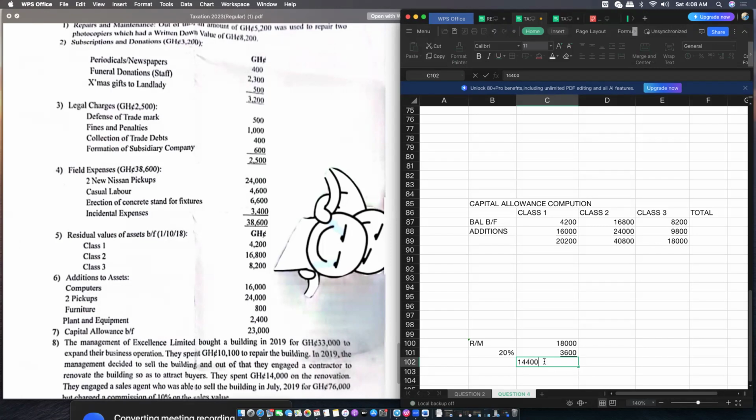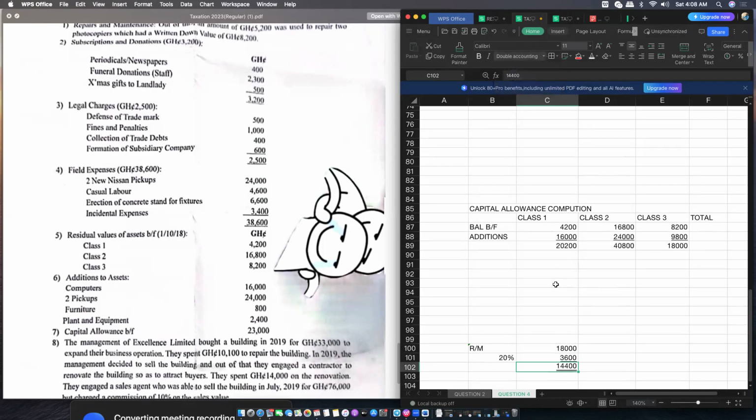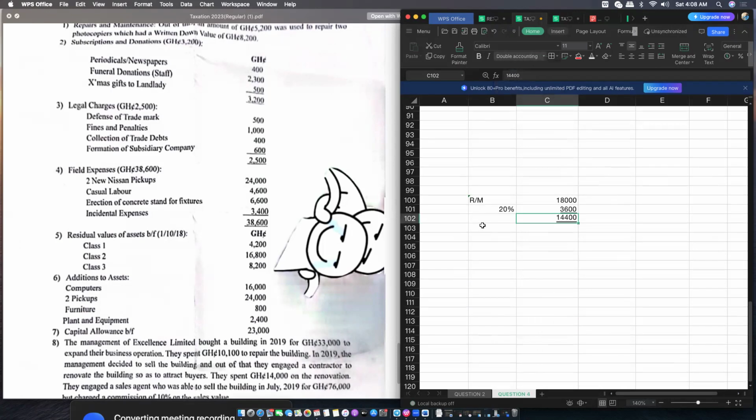Are we okay? With this amount, we charge 5%. So what is 5% on this? 720. And what would this figure be?